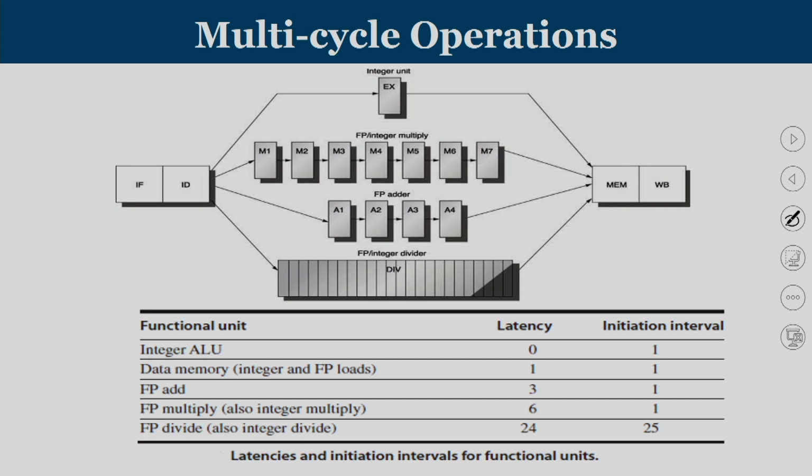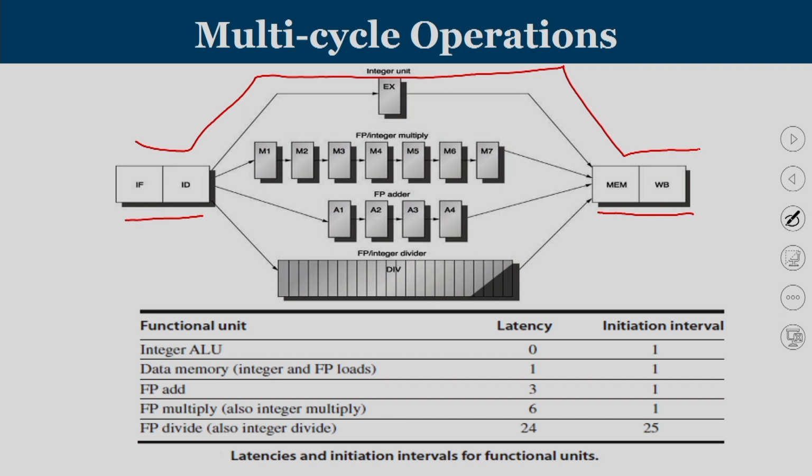Consider this case. This is a classical architecture diagram of a RISC pipeline with multi-cycle operations. The instruction fetch, the instruction decode, the mem and write back stages are not altered. Whatever pipeline we have seen in our last lecture was like this: IF, ID, EX, mem and write back.